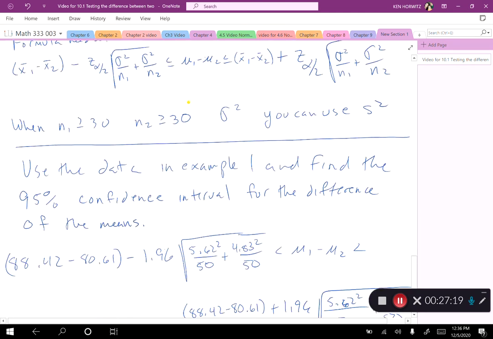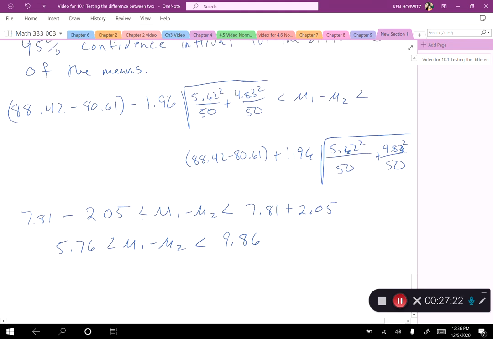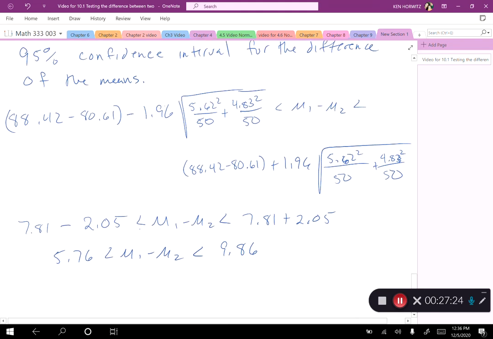Well, in my confidence interval, I'm 95% confident 0's not in there. So once again, the same conclusion of reject the null hypothesis is valid, because basically what I'm saying is I'm not 100% sure, but I'm 95% sure that mu1 and mu2 are not equal, because then there would be a 0 in there.